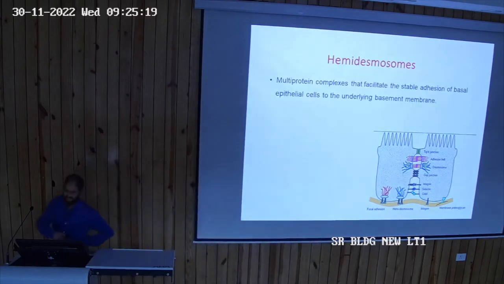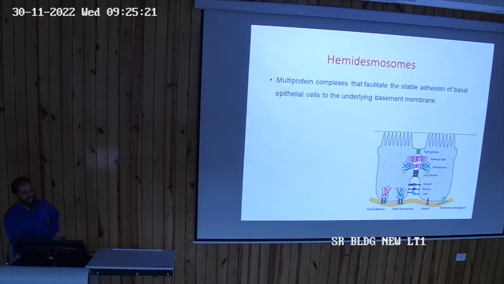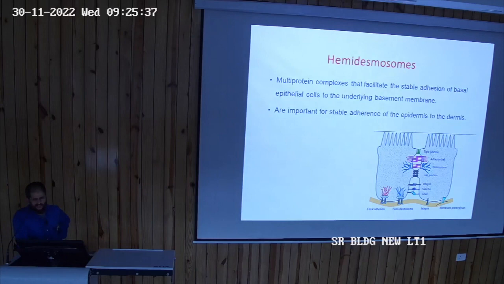So it is a multi-protein complex that facilitates the stable adhesion of the basal epithelium. Epithelium को basal lamina से connect करेगा. So it will facilitate the stable adhesion to the underlying basement membrane. So these are important for stable adherence from epidermis to dermis. Epidermis और dermis के बीच में होता है.